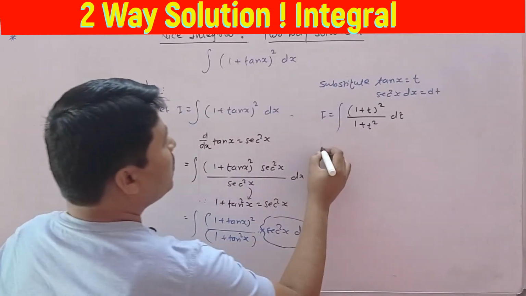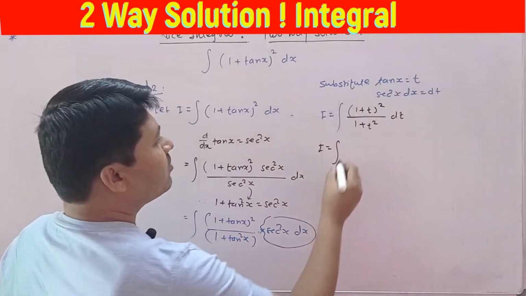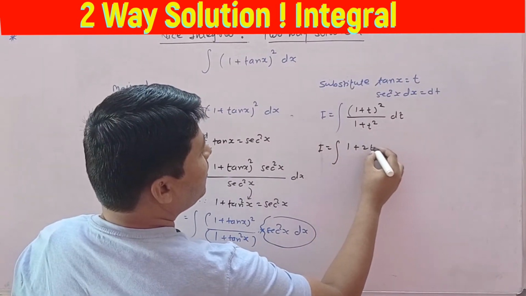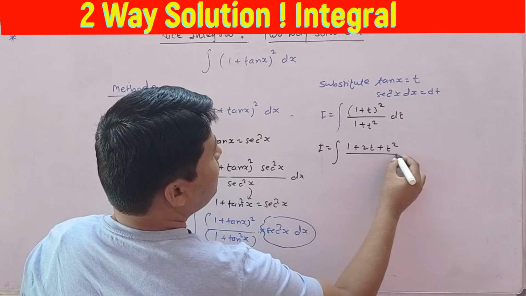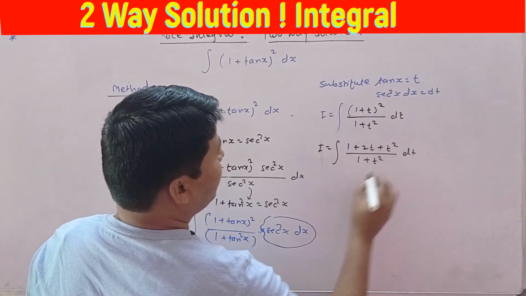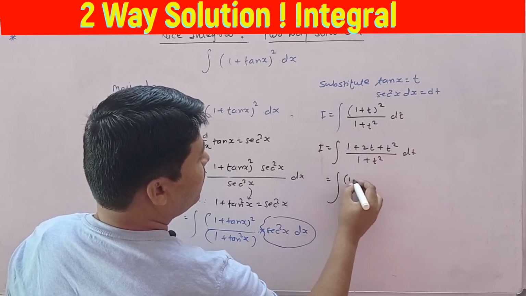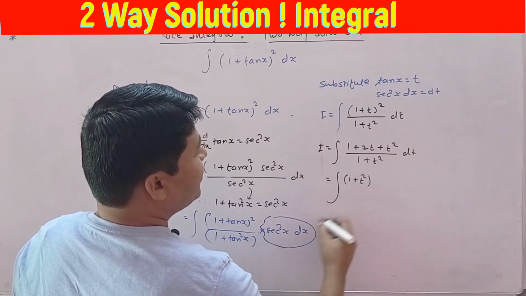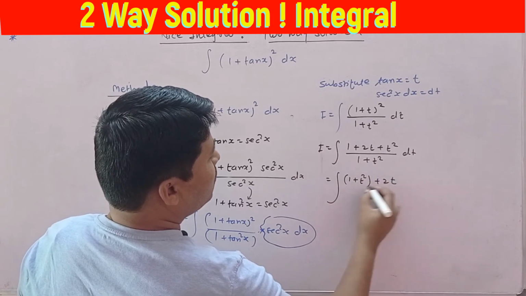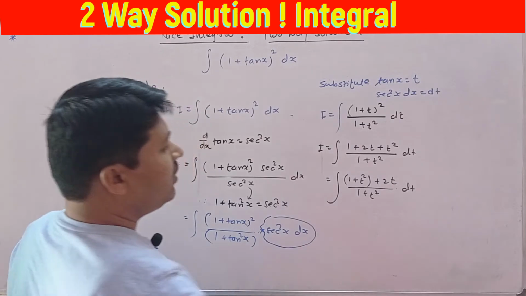We know that (1 plus t) whole square is 1 plus 2t plus t square, so we get (1 plus 2t plus t square) divided by (1 plus t square) dt.